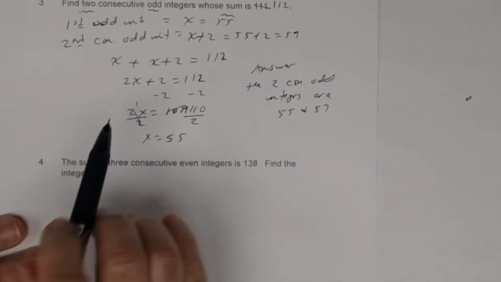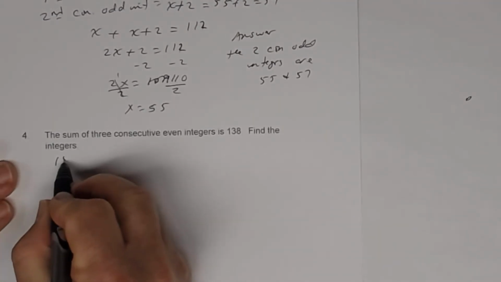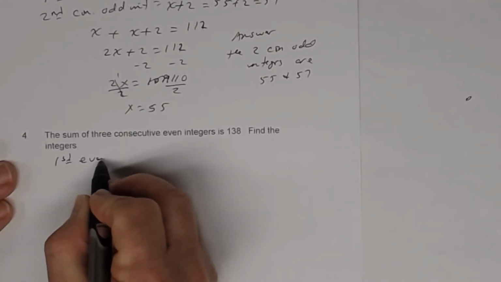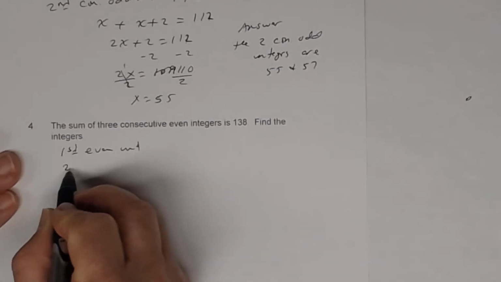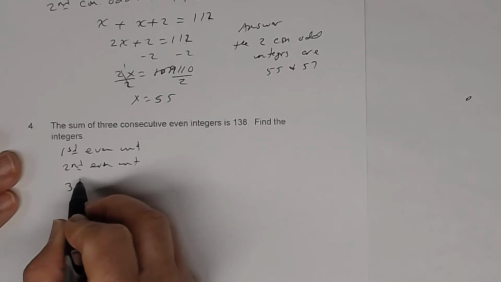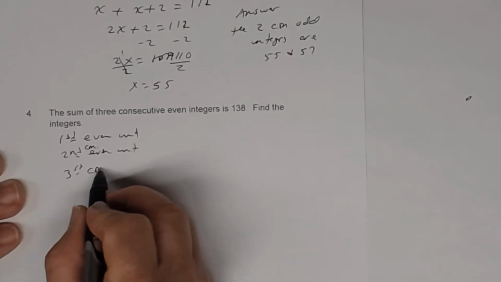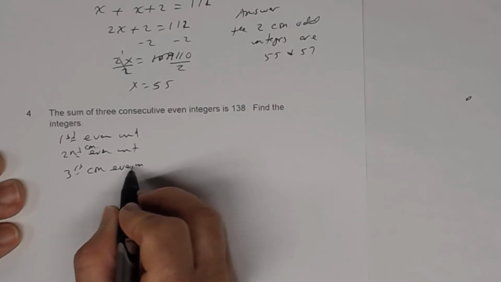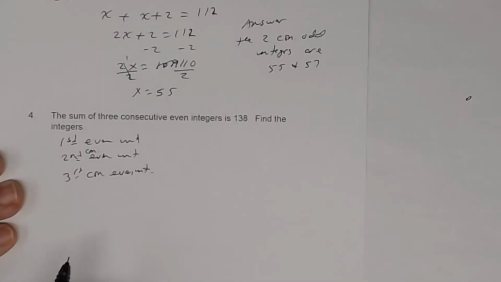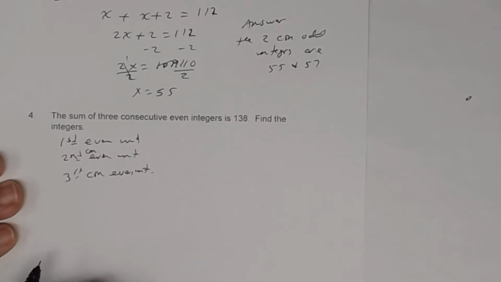The expression would be the same whether it's even or odd. So first even integer, second consecutive even integer, third consecutive even integer.